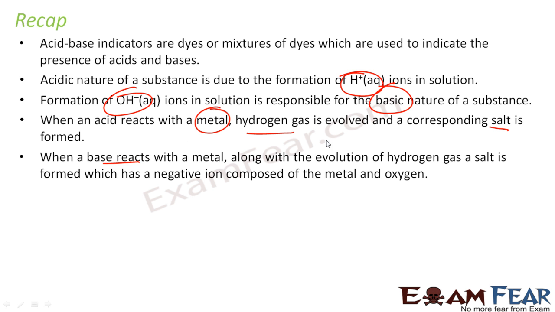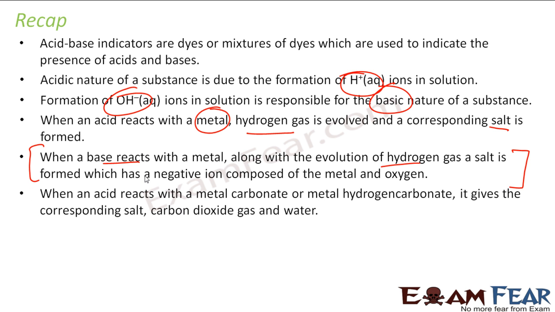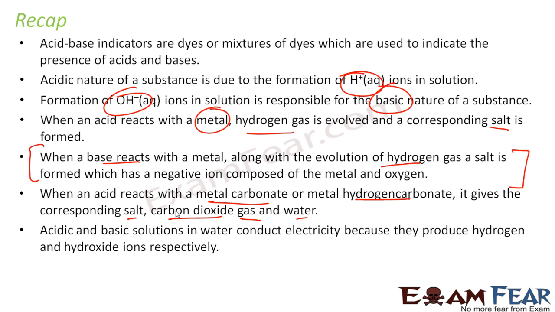When a base reacts with a metal, hydrogen gas is also evolved, forming a negative ion composed of metal and oxygen, but this doesn't happen for all metals. When an acid reacts with metal carbonates or metal hydrogen carbonates, it gives salt, carbon dioxide gas and water. Acidic and basic solutions in water conduct electricity because they produce hydrogen and hydroxide ions.